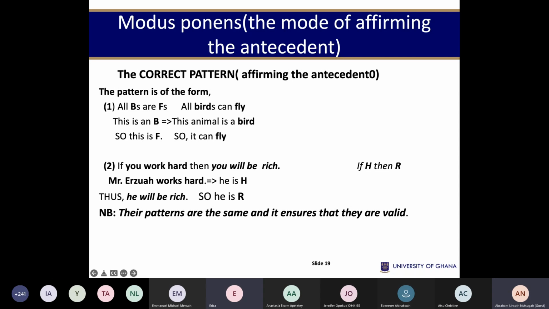And when we talk about inductive arguments, basically the conclusions of an inductive argument can either be true or false. But with a deductive argument, once we assume the premises are true, then automatically the conclusion must also be what? True.